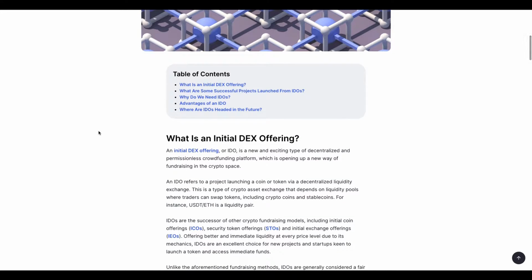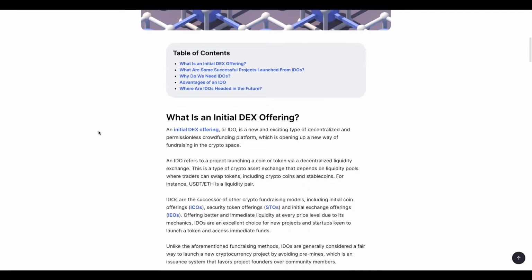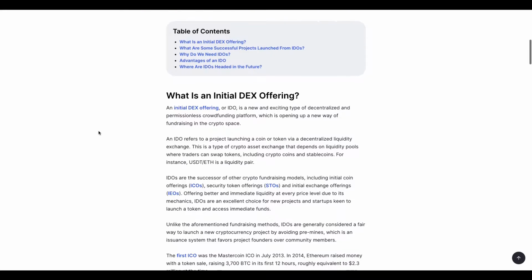This is an offering that is done on a decentralized exchange. Same idea. Basically fund the project, except it's not on the centralized exchange. It's not through something like an ICO, right?